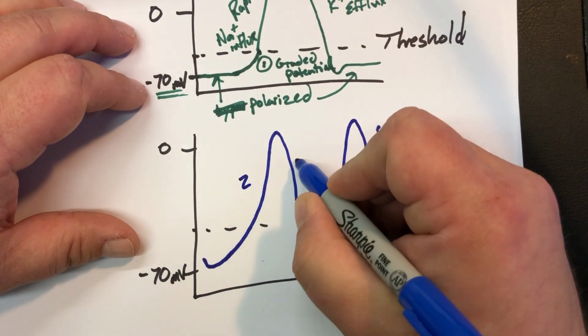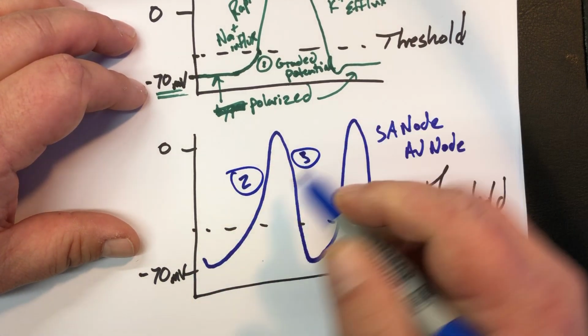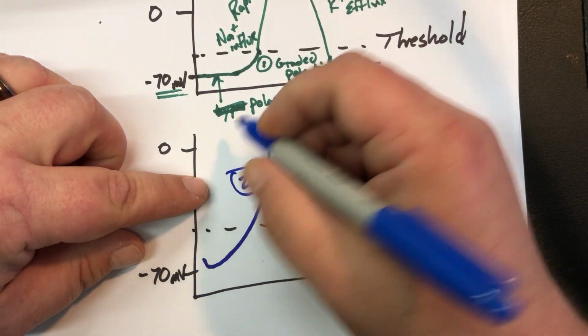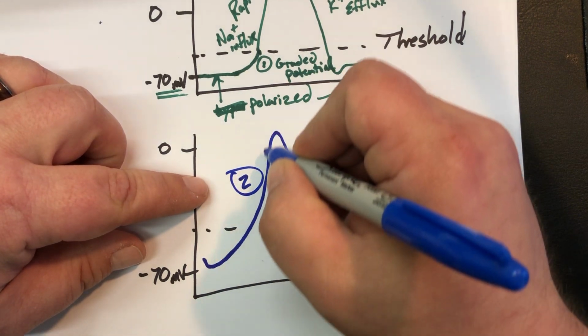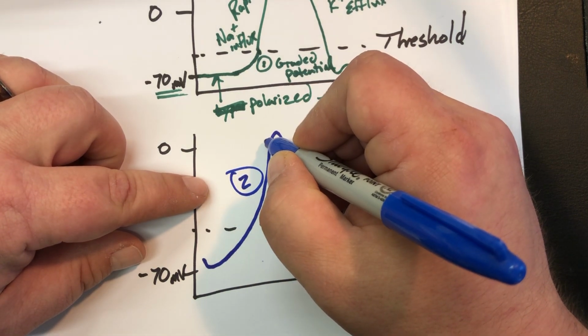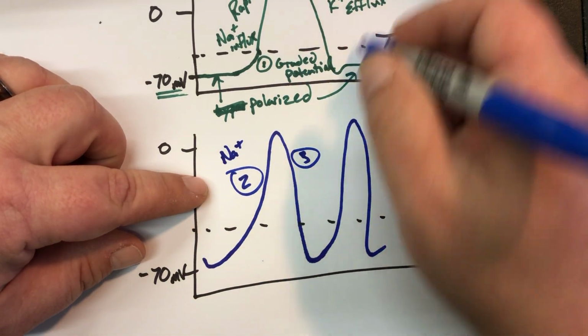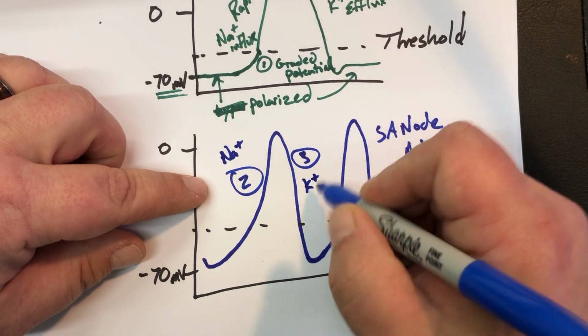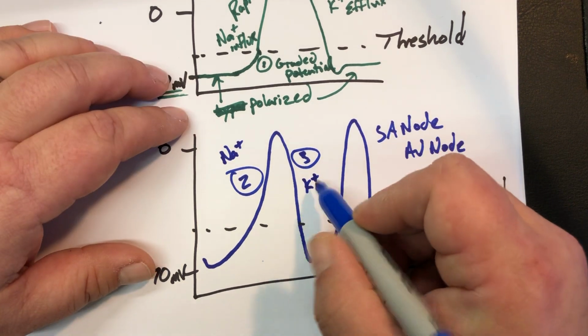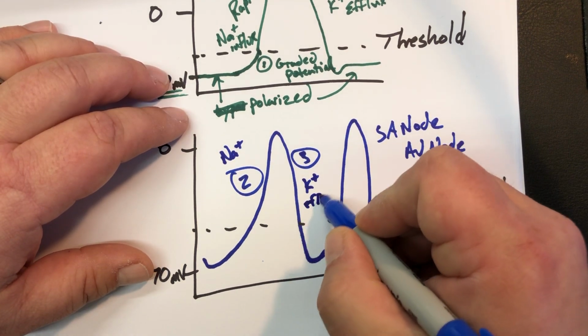And phase 2 and 3 are identical, right? So we have this rapid depolarizing wave, and that's as a result of sodium influx. You have this repolarizing wave, which is a result of potassium efflux.